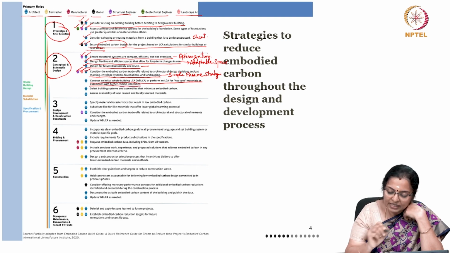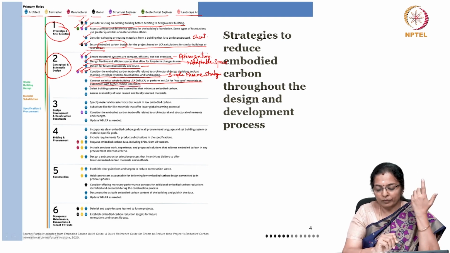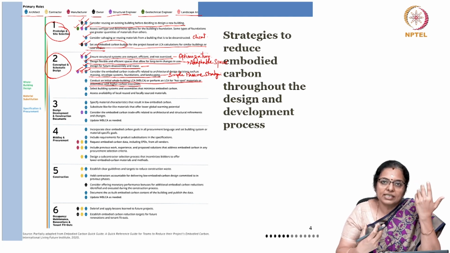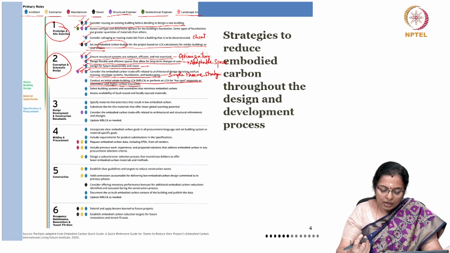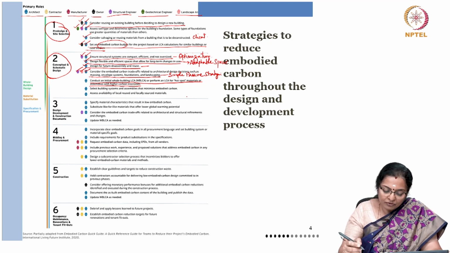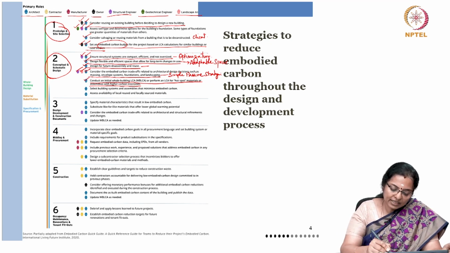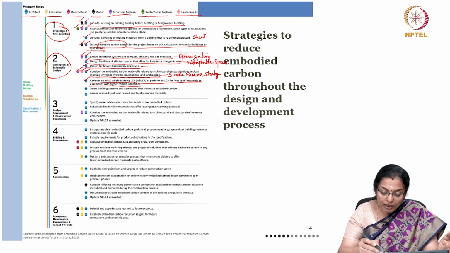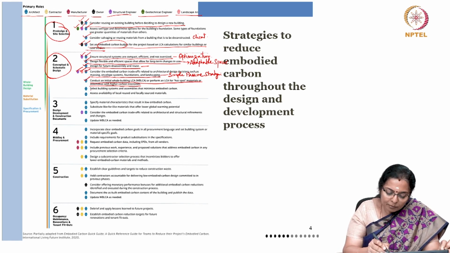What we mean to say is, take the first step to understand. You make the first move. That has to be done by the architect, to have an LCA, and at least look at building components or domains which have high carbon intensity. Select building systems and assemblies that minimize embodied carbon.